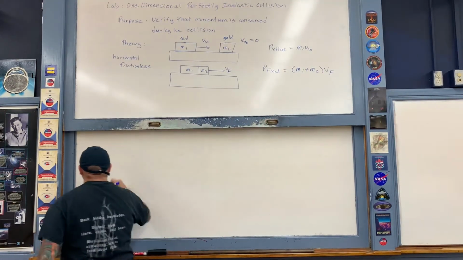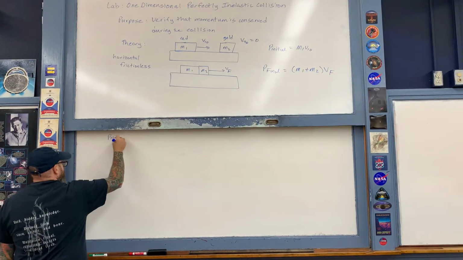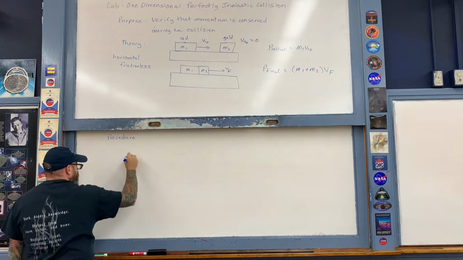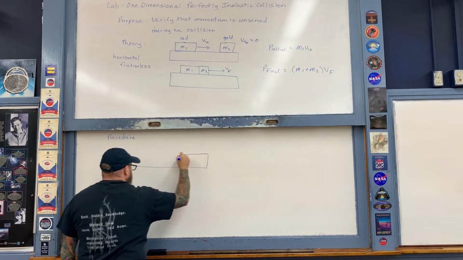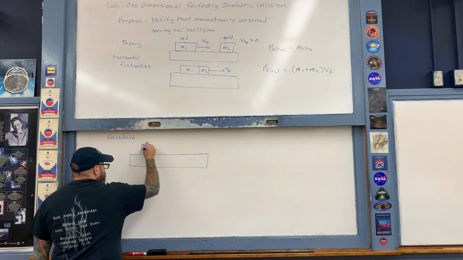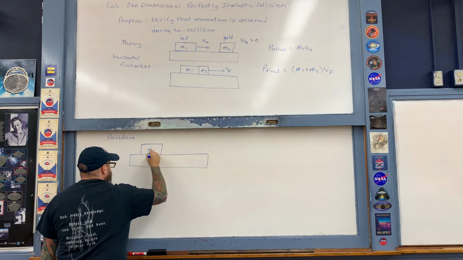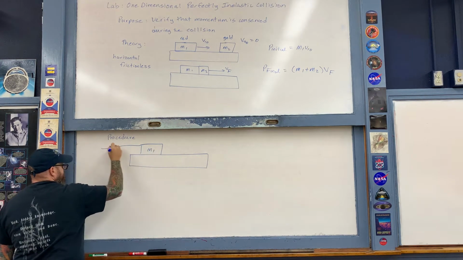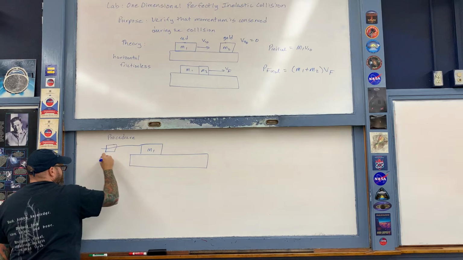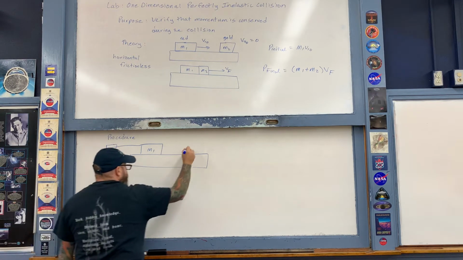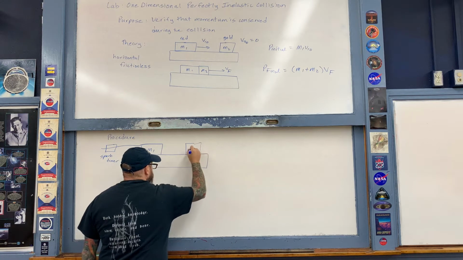Here's our procedure. Okay, so here's my air track like so. As you'll see me do, I attach then to M1 a piece of strip tape like this that's threaded through the spark timer, which is held back here. Here's M2 over here, initially at rest.